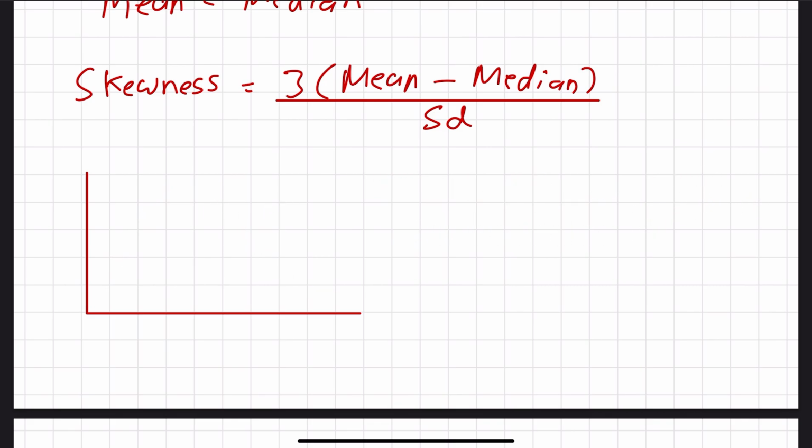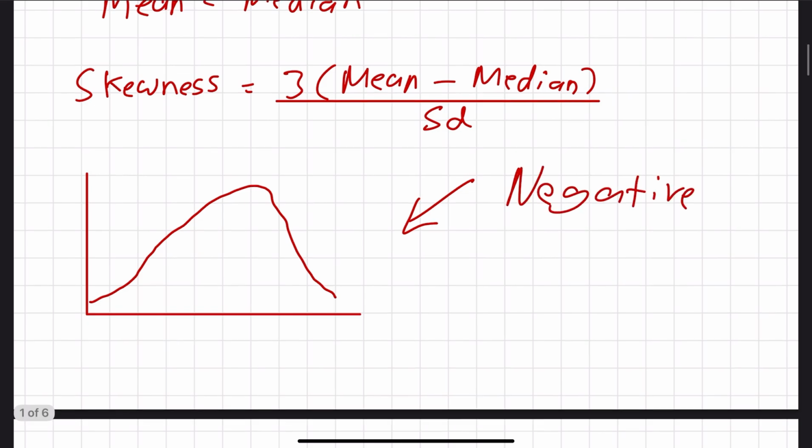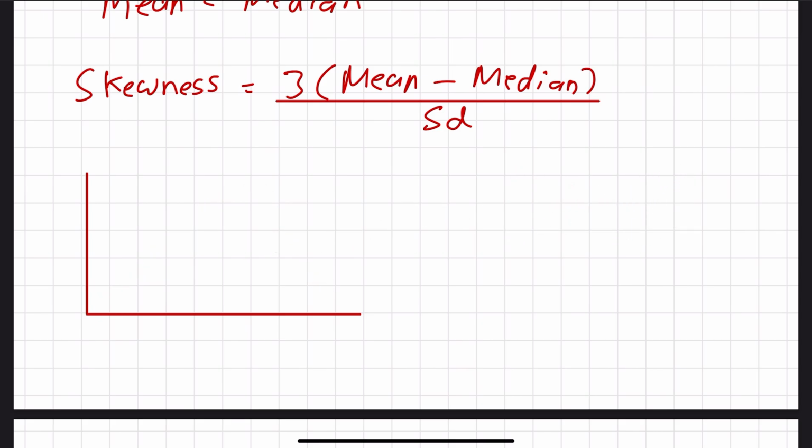If I drew a distribution like that, that would be negative skew. And if I drew a distribution like this, that would be positive skew.